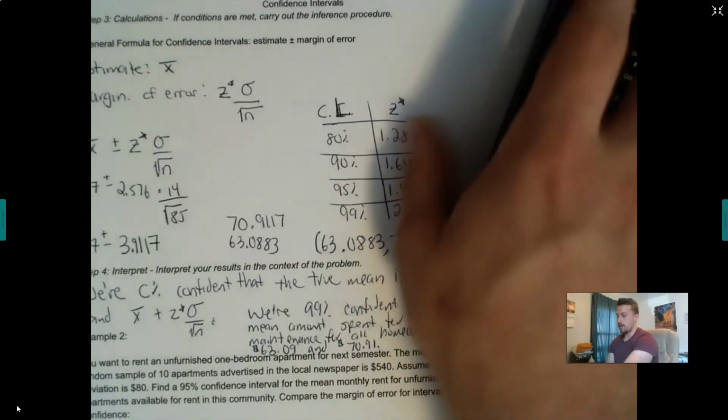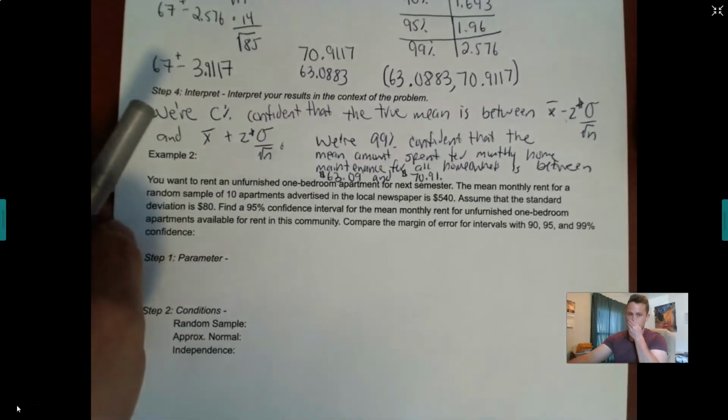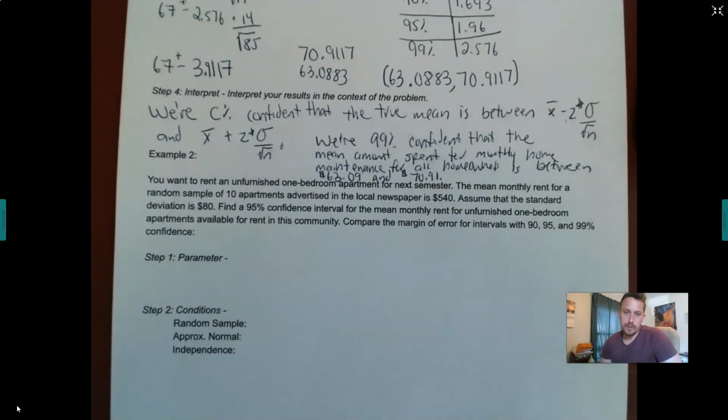All right, so I'll do one more example, and you'll have to do 2 of these for your formative, in addition to the notes. You want to rent an unfurnished 1-bedroom apartment for next semester. The mean monthly rent for a random sample of 10 apartments advertised in a local newspaper is $540.